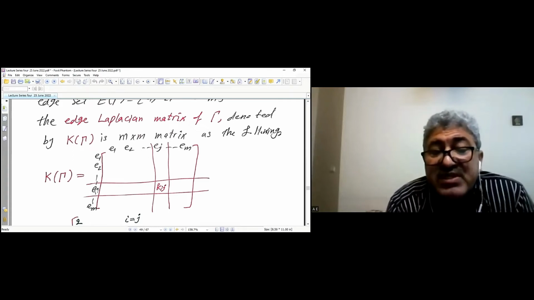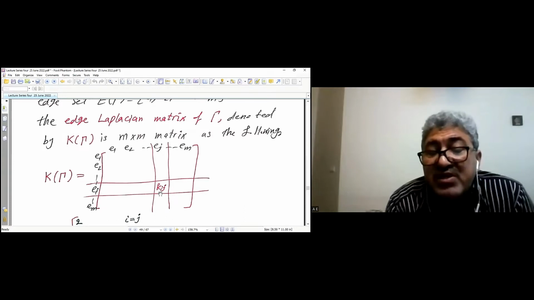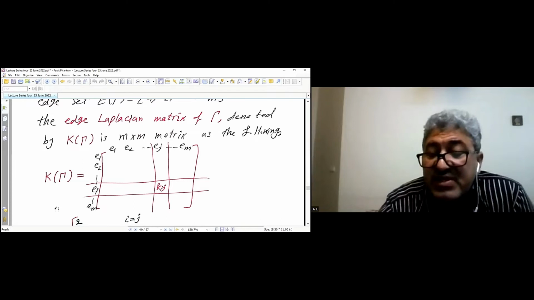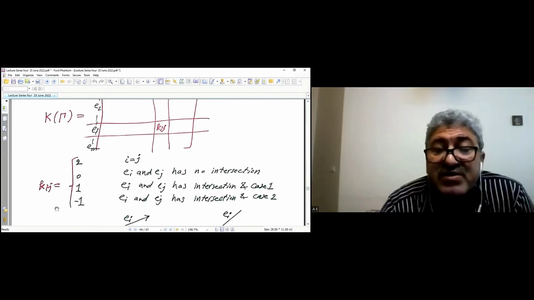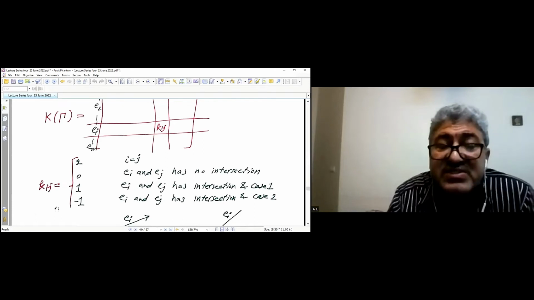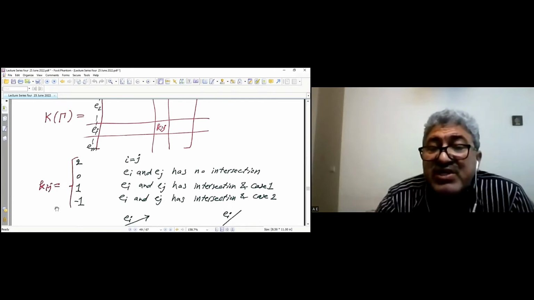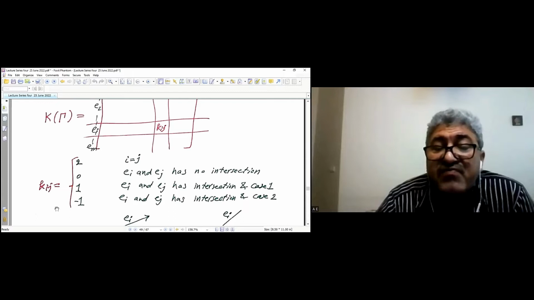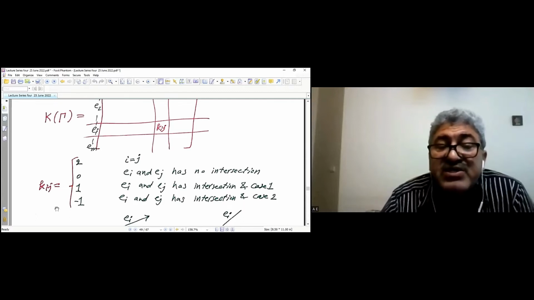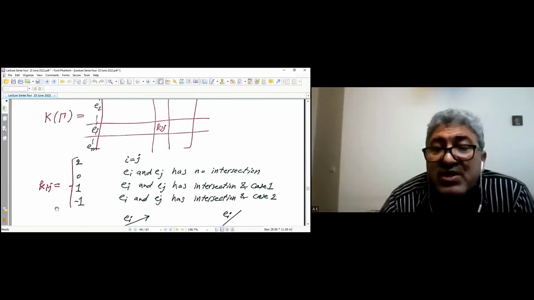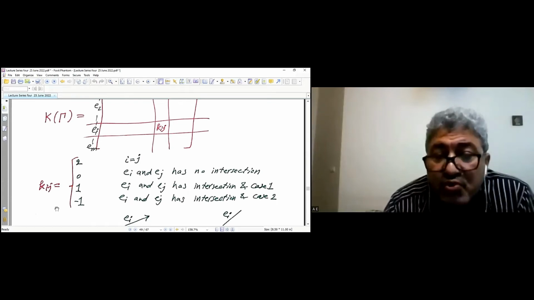Now, what are the entries K_ij? If you take E_i for row i and E_j for column j, we can define K_ij here. The first case is that if i equals j, it means on the diagonal, K_ij is 2. So all entries on the diagonal are 2.